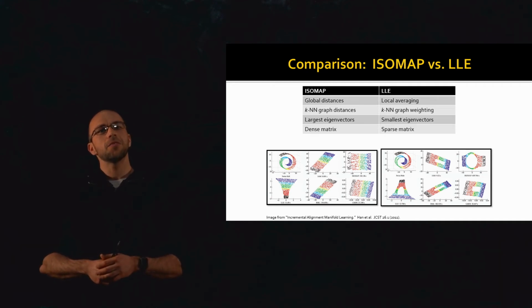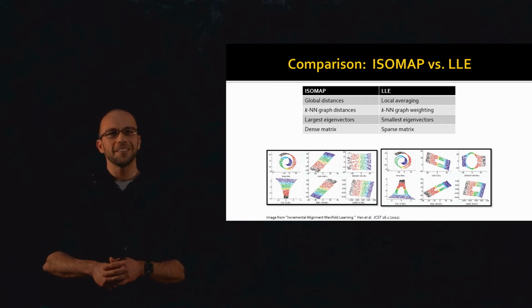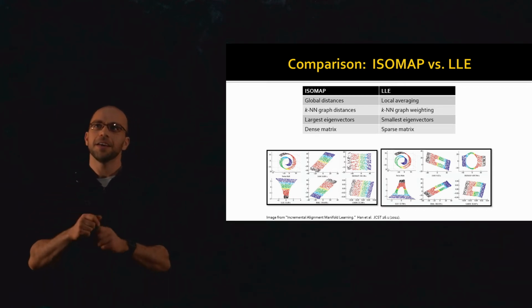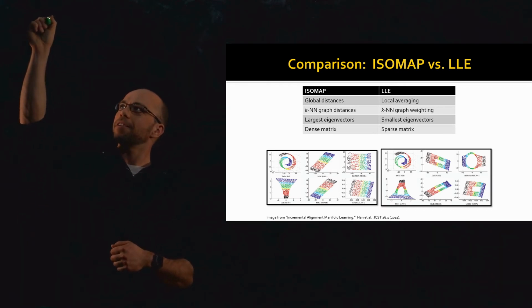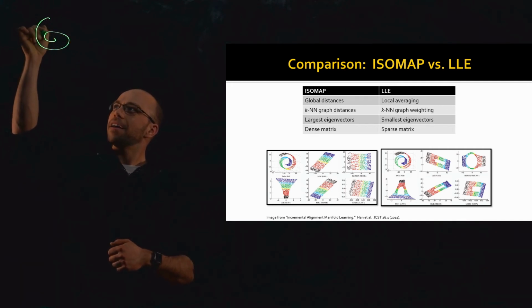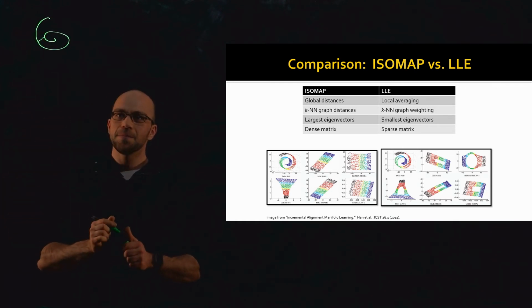Why does that matter? Well, oftentimes what can happen in Isomap, let's say that I have my Swiss roll data set, so here's my spiral, looking at it from the side, and by accident, I end up with just one spurious connection like that.